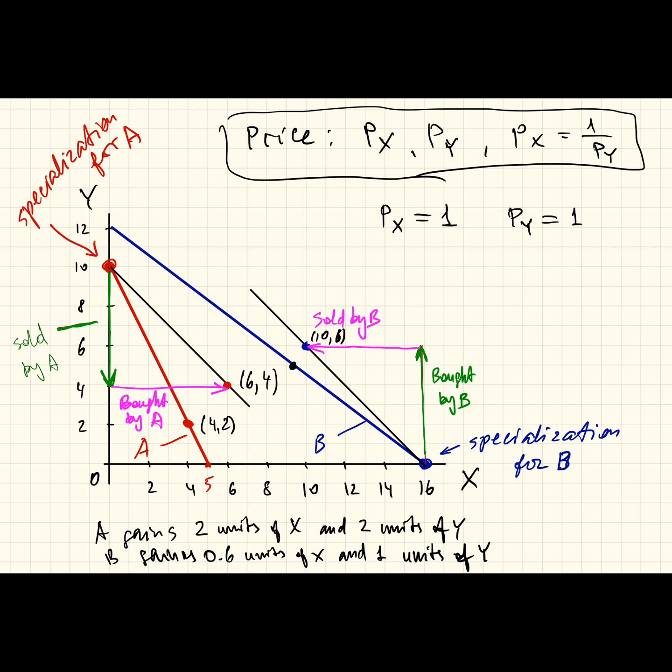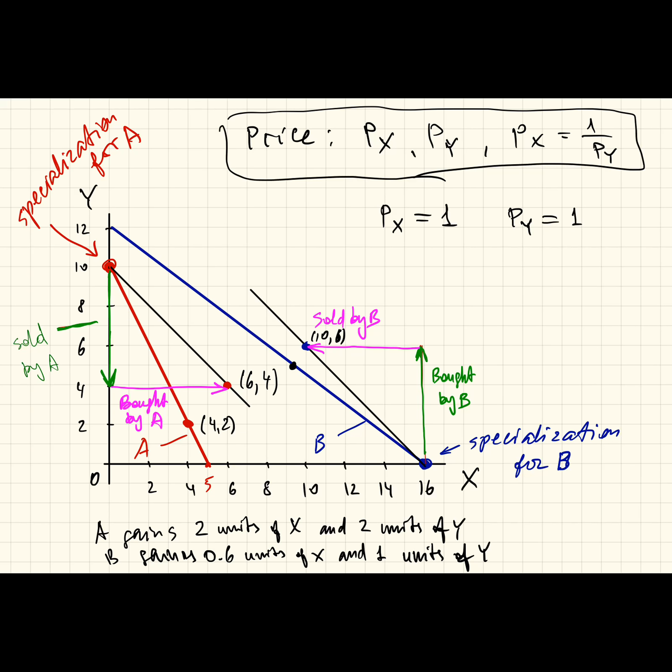And for person A, his consumption bundle is 6, 4. Again, based on what he had, what he exchanged, and what he got in return. So 6 units of X is what he got from person B, and 4 is what he has left after giving 6 units of good Y to person B.